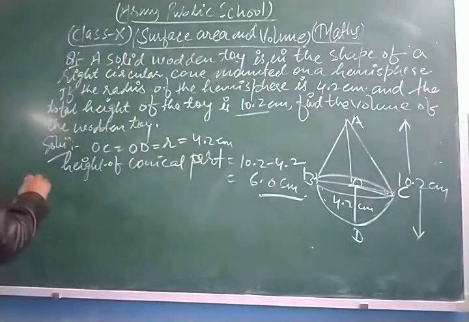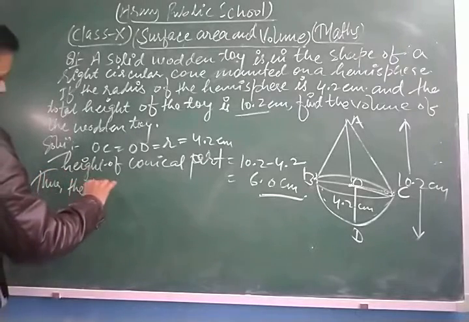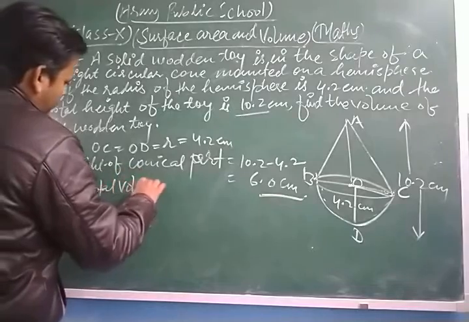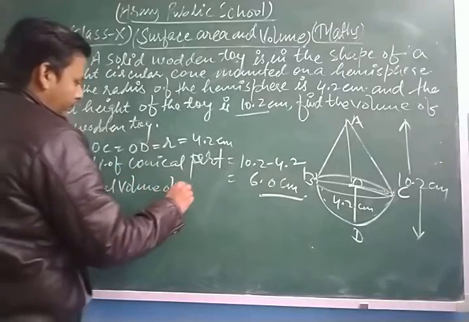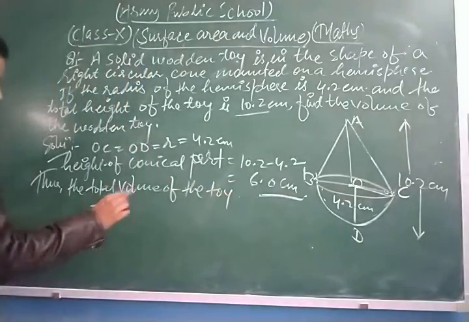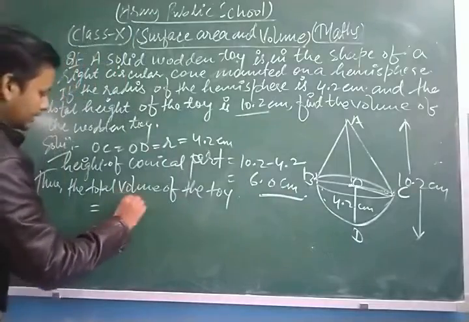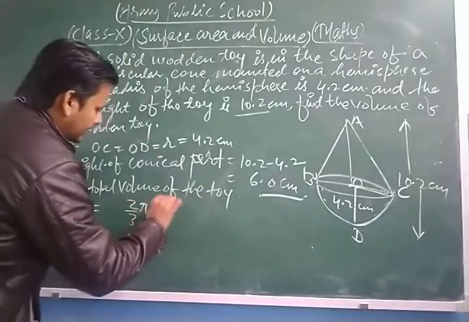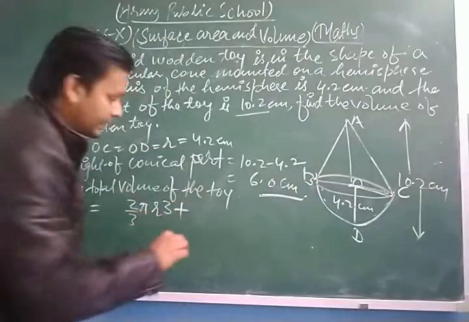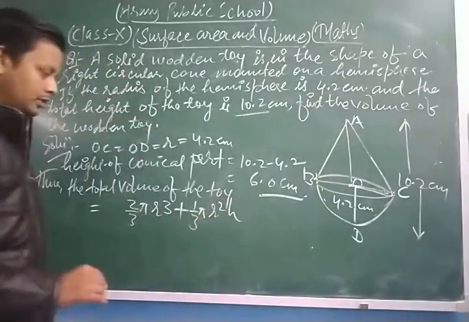Thus, the total volume of the toy is the volume of the hemispherical end, that is 2/3 pi r cube, plus the volume of the cone, that is 1/3 pi r square h.